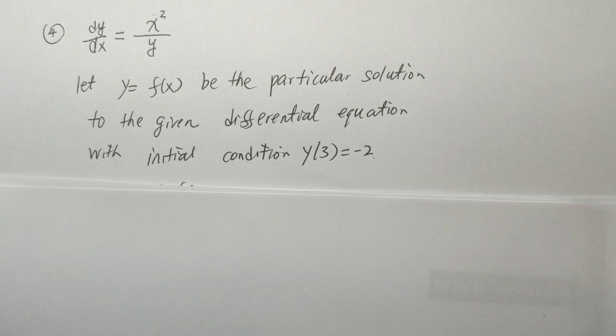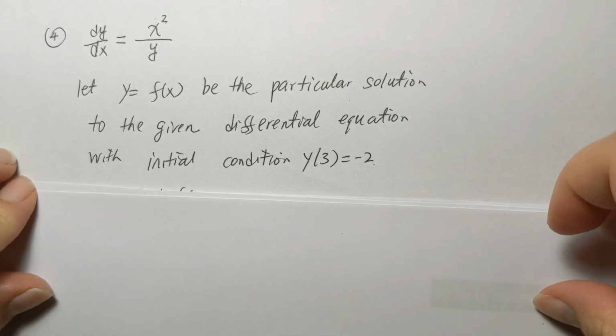Question number 4. So we are going to find the particular solution, and we have the initial condition that y of 3 equal to -2. So now we are going to begin.